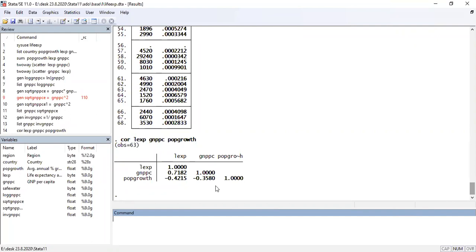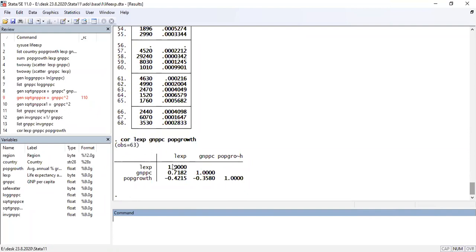Professor, what about the 1.000 for GNPPC and GNPPC? Those are diagonal elements. By definition, it's between GNPPC and GNPPC itself, so it's mechanically done. The correlation coefficient between a variable and itself is just one. It's a perfect relationship, X with X itself. So not interesting for us.